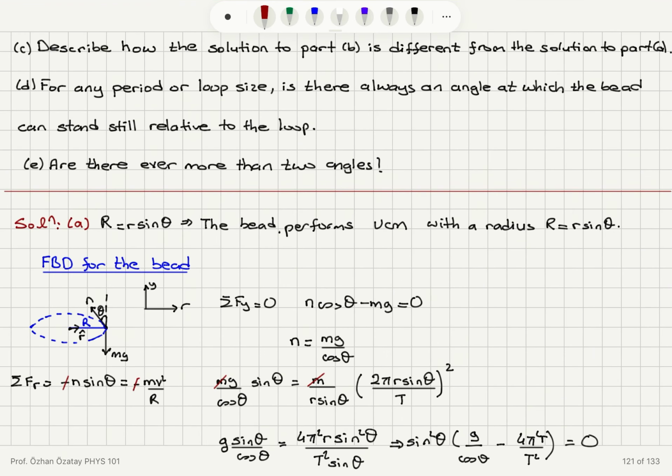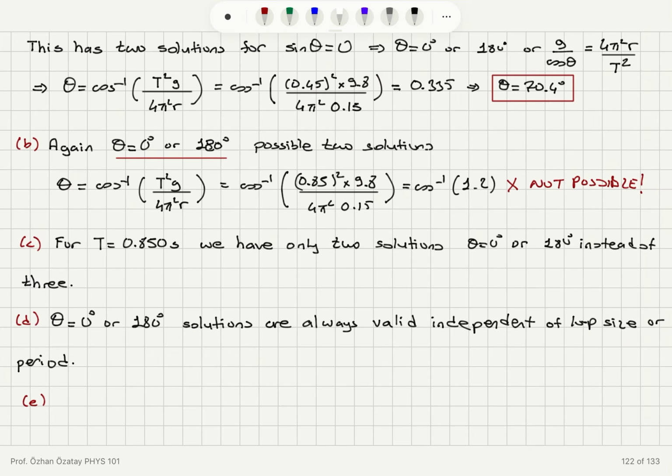In part E, are there ever more than two angles for this? Well, there are two angles, theta equals 0 and 180 degrees, always possible. And as shown in part A, we can have more than two solutions.